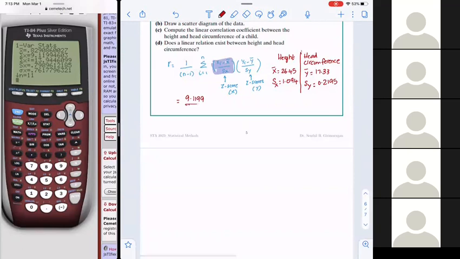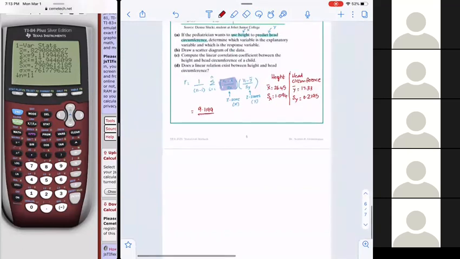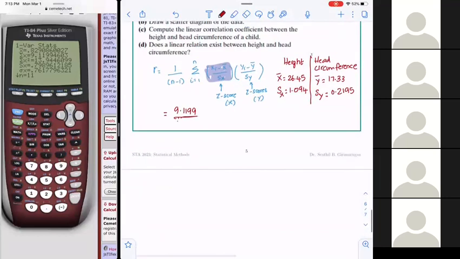We have to divide that by 11 minus 1, because we have 11 children, and the formula says divide by n-1. 11 minus 1 would be 10. So we will have 0.9119. Now, based on what we know, that is strong positive correlation.